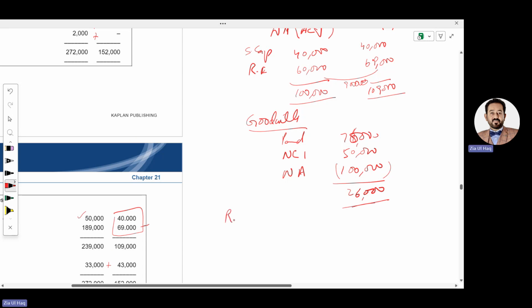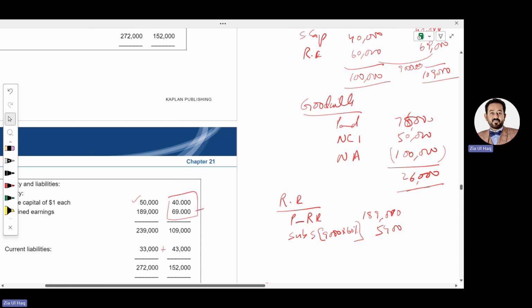Now we need to calculate retained earnings. The parent retained earnings figure is 189,000. The subsidiary profit is 9,000 and 60% is the holding. 60% of 9,000 is 5,400.